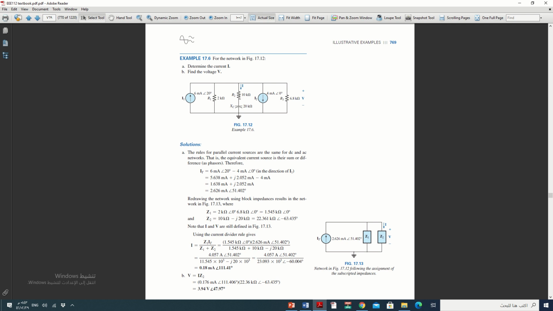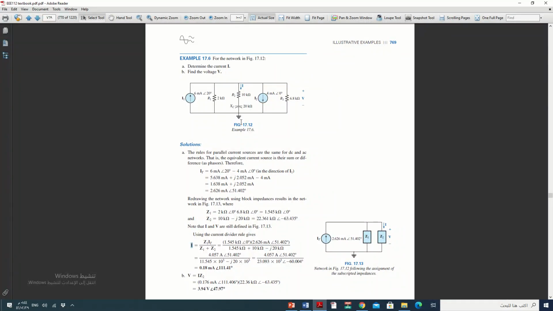And Z2 is the summation R2 plus XC. Sorry شباب, it's I here, not subtraction. This is the symbol I, written in this branch. We need to find I in this branch.